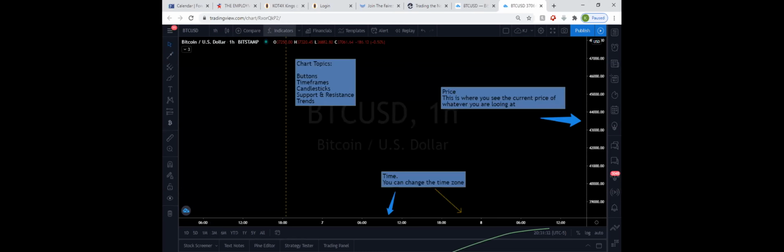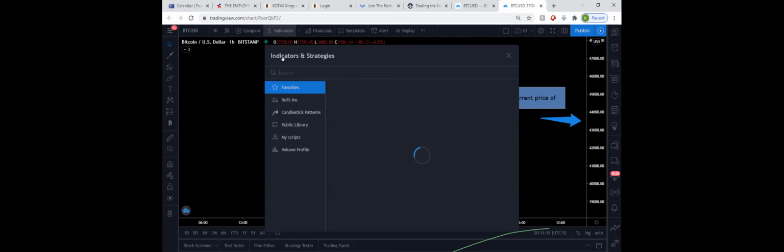Indicators is where you go if you want to add things to your chart. So Mr. Levels uses the Fibonacci. Some people use moving averages and things like that. When we get to that, this is where you'll find it. So across the top, those are going to be the 3 main buttons on TradingView.